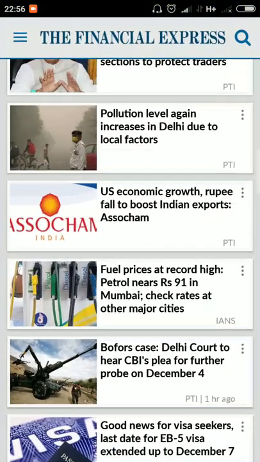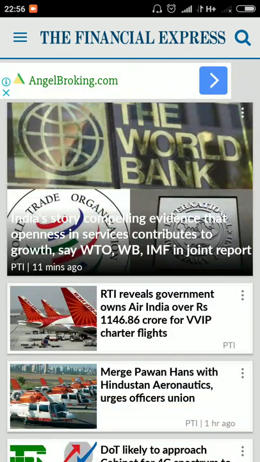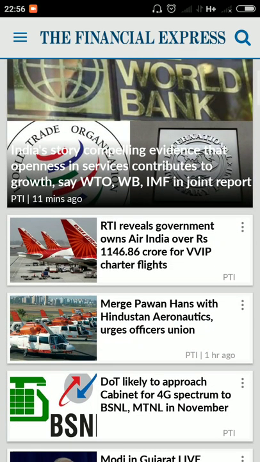Then the third important application is any of the financial news applications which you can install. Most of the time I use the Financial Express. This has the latest news related to many fields.